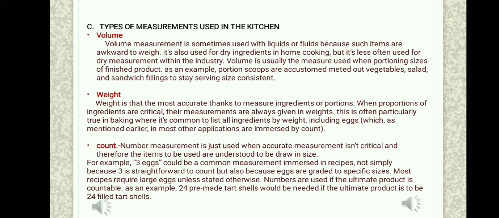The third one is count. It is about the number of items. Accurate measurement is critical, and therefore the items to be used must be understood to be uniform in size.